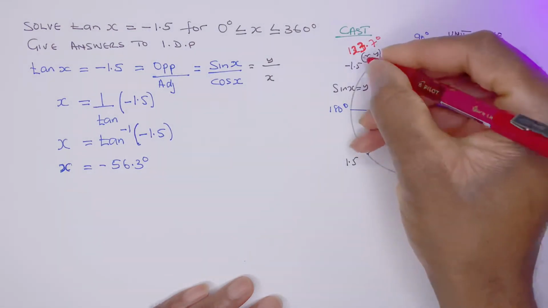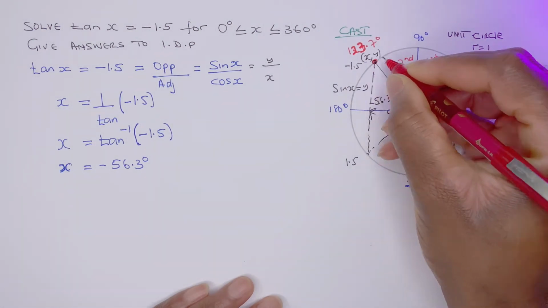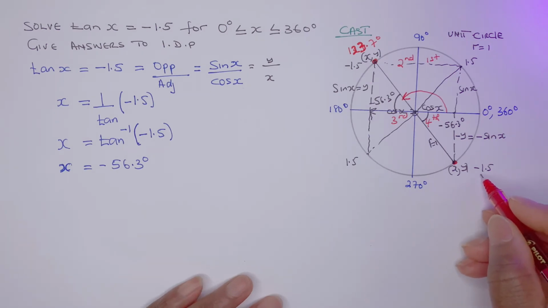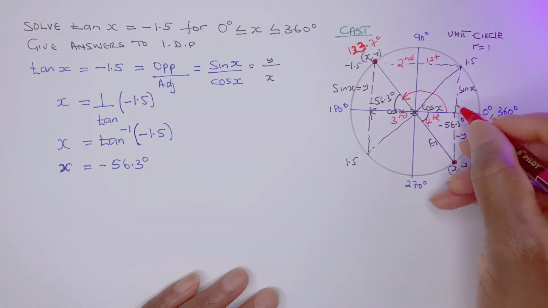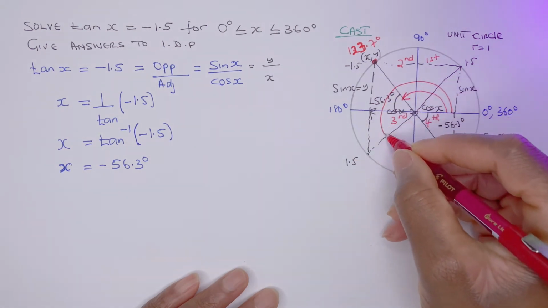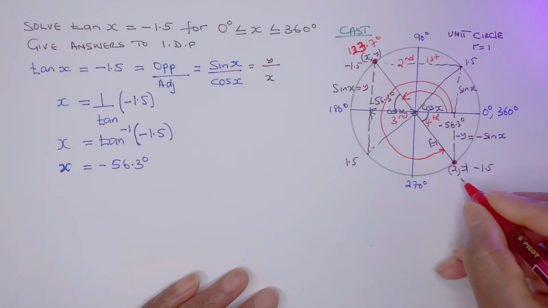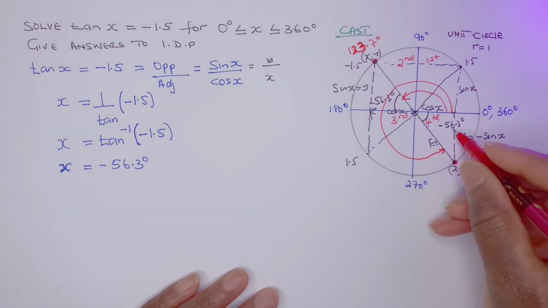And also, because we need this one as well, those are the two angles that we need. We need that and this one because there's the negative, minus 1.5. So we need to measure also from this angle here all the way to there. And that will be 360 degrees minus 56.3.